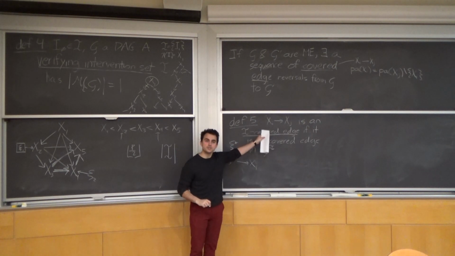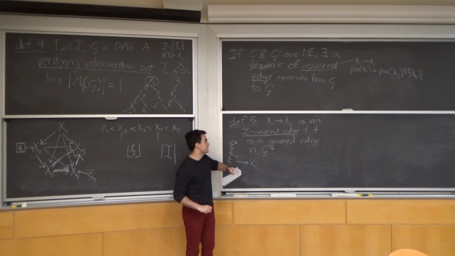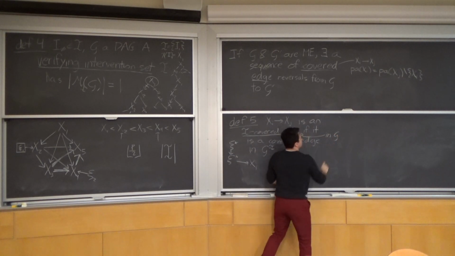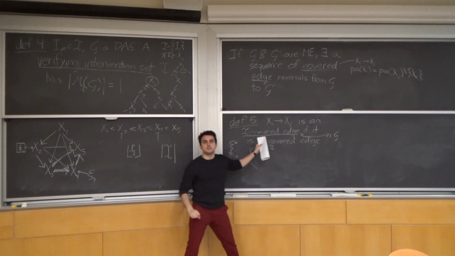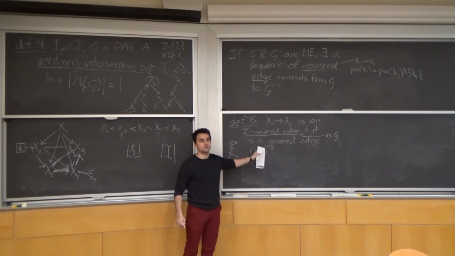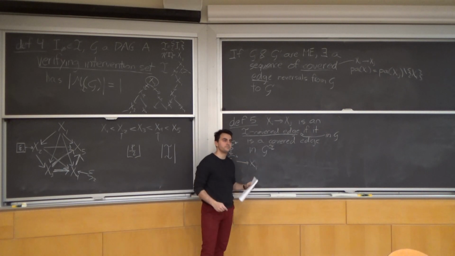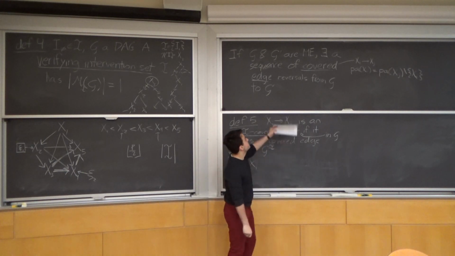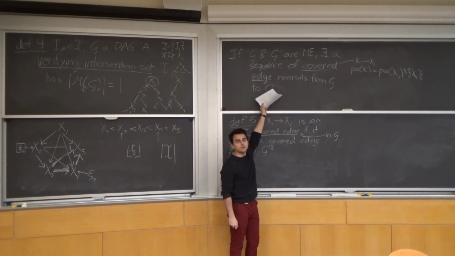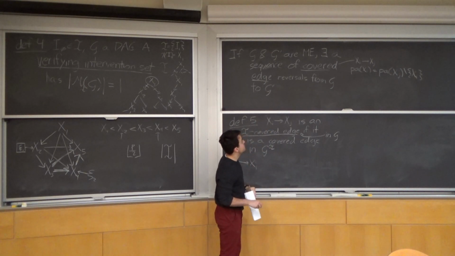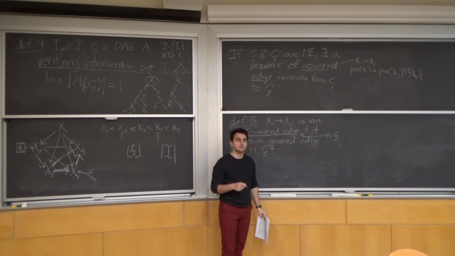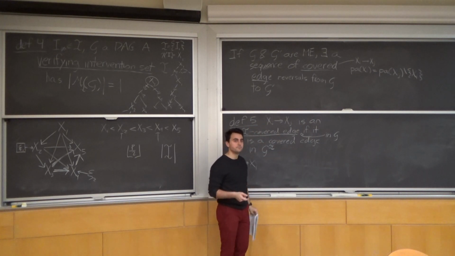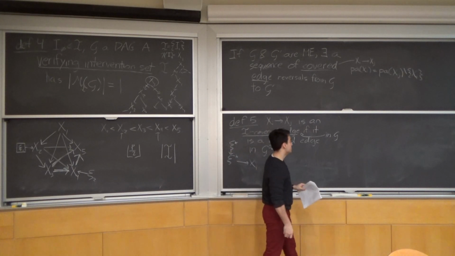So the set of I-covered edges in G is exactly equal to the set of covered edges in GI. And this is going to immediately tell us from this statement that if two graphs are I-Markov equivalent, then there is a set of I-covered edge reversals from G to G prime.